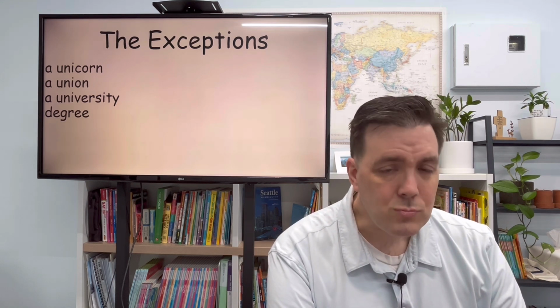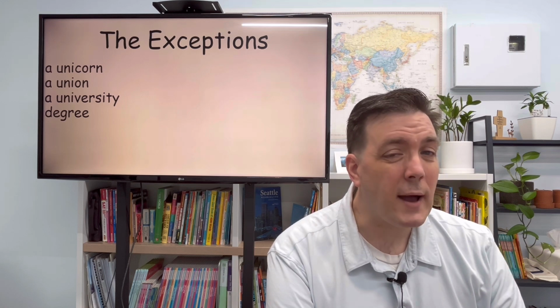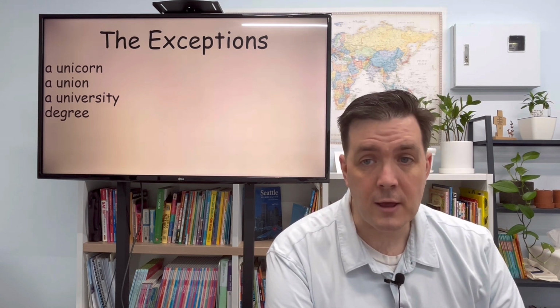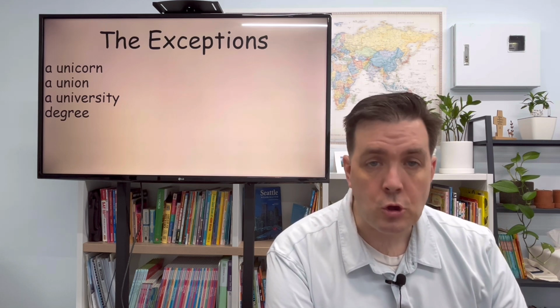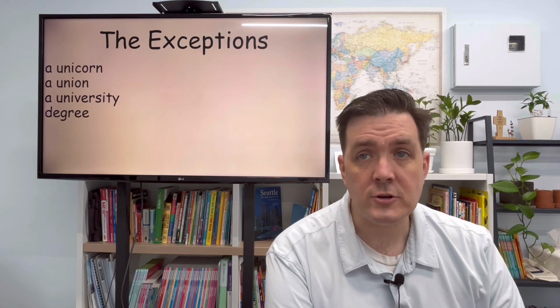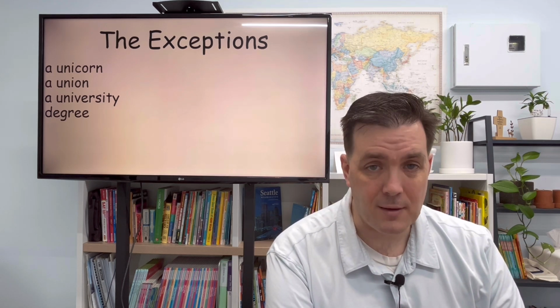But because of the way that the U sounds, it has the Y sound in the beginning of it. Instead of being a short U like umbrella, we have a Y sound. So instead of saying an university, we say a university degree.